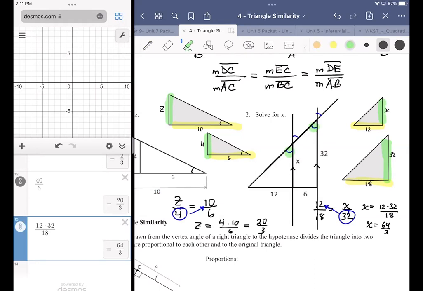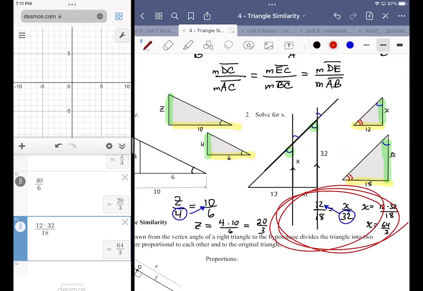So we could then conclude that this angle here would be the same as this angle there. We already knew that since this angle here is overlapping with that one, they would have to be congruent. And we have enough to say that the two triangles are similar to one another, which allows us to do this proportional stuff to begin with.